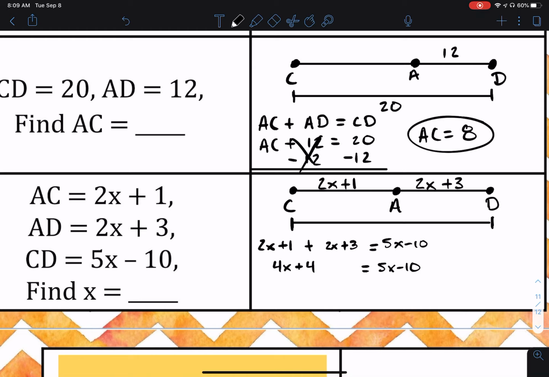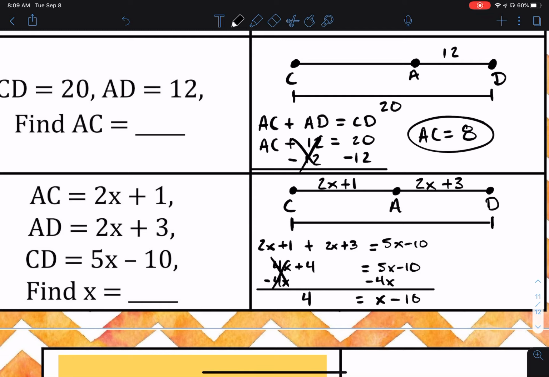Now I have variables on both sides, so I need to figure out which side do I want them on. For me, I'm going to go with the right side. So I would subtract 4x, subtract 4x. This guy cancels. My 4 comes down. 5x minus 4x is just x, and then my minus 10 falls down.